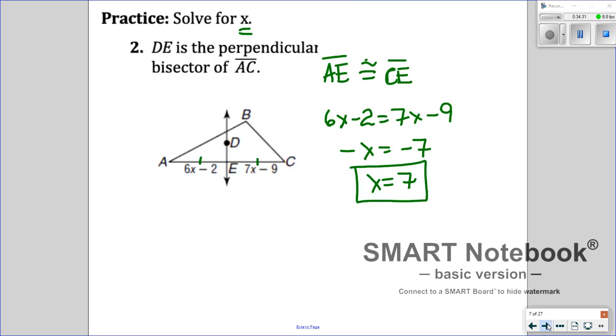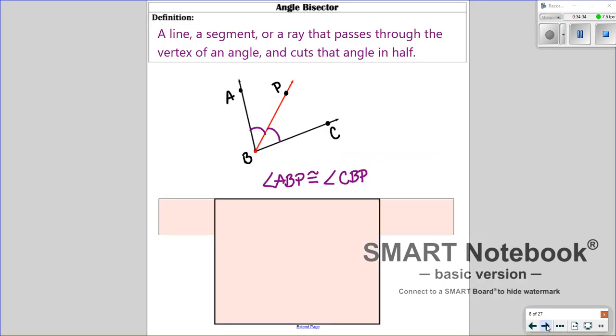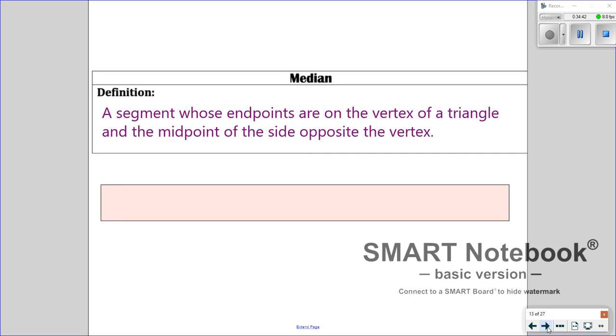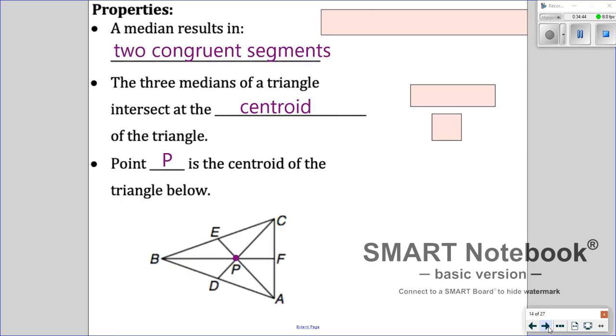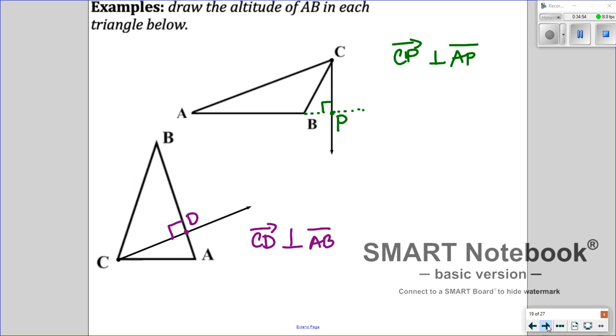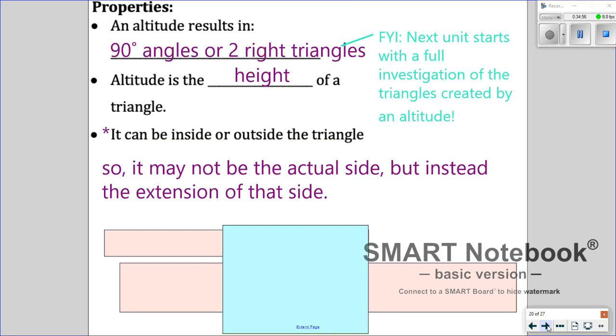With angle bisector, you're starting from the angle, and it's going to give you 2 congruent angles, not sides. With the median, you're going to get 2 congruent segments, and if you have the 3 medians intersect each other, you meet at the centroid. And with the altitude, same as height, you're going to get a 90-degree angle.